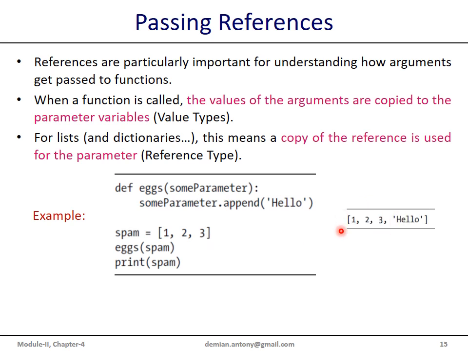This is the result that you get if you print the list with the original reference spam, and even if you print some parameter, you again get the same result, 1 2 3 and hello, as the variable some parameter as well as spam refers to the same list in memory.